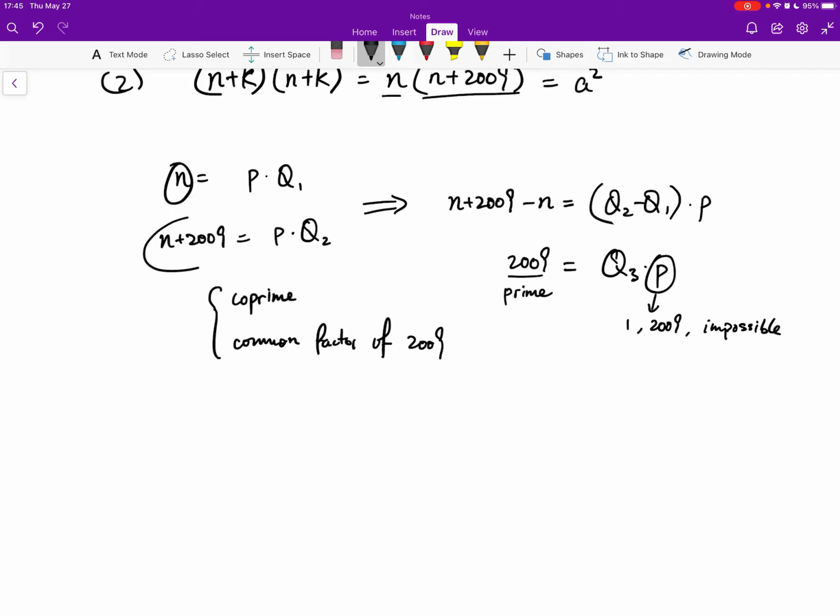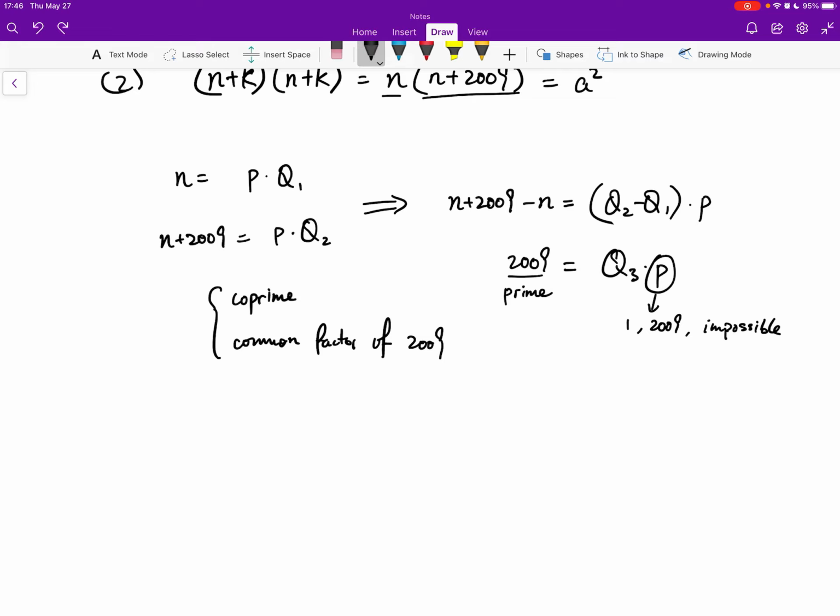If n and n plus 2009 are not co-prime, this common factor p between them is 2009. However, if they are co-prime, then it's 1. Other cases are impossible, so there are only these two cases.